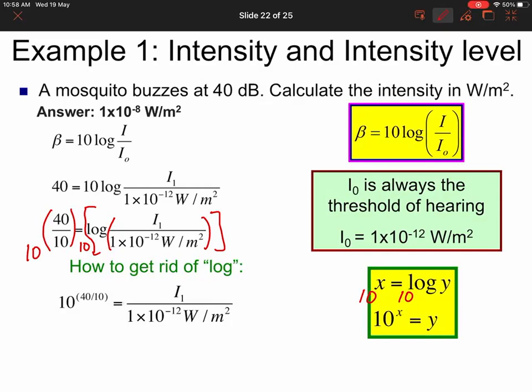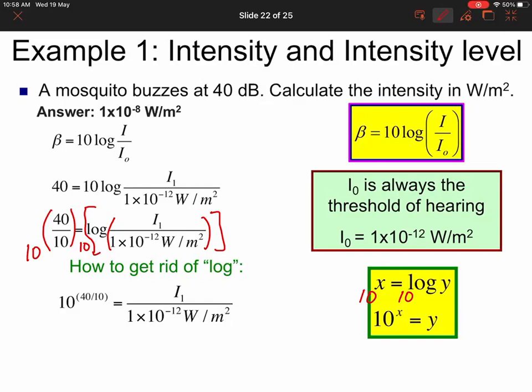So this is just one number, 10 exponent 40 divided by 10, or 10 exponent 4. And then 1 times 10 to the minus 12, that's just another number. So to isolate I1, you need to get rid of 1 times 10 to the minus 12 on the right-hand side of the equation.